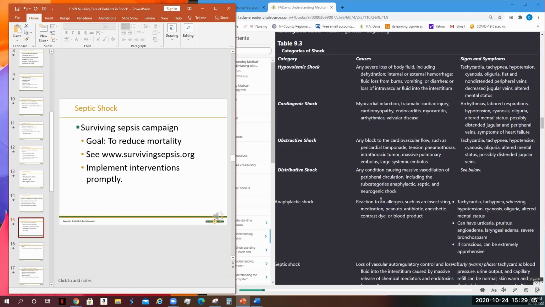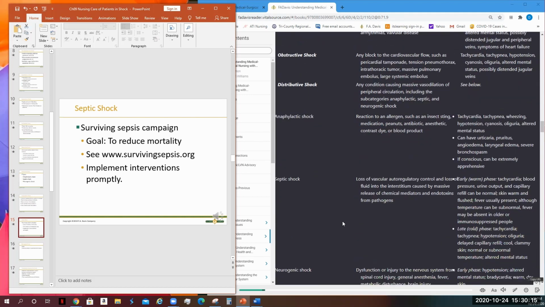The signs and symptoms include tachycardia, tachypnea, wheezing, hypotension, cyanosis, oliguria, altered mental status, and you can have urticaria, pruritus, angioedema, laryngeal edema, and severe bronchospasm. If the patient is conscious, they can be extremely apprehensive during anaphylactic shock.